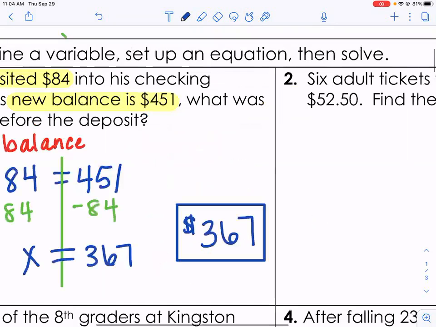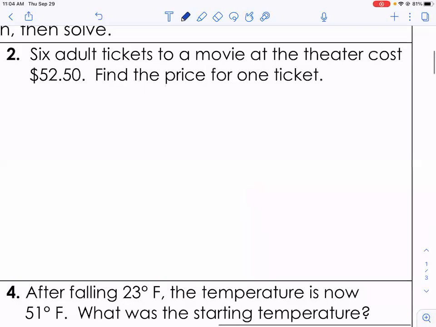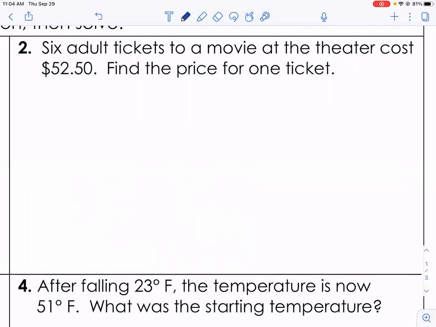All right, read through number 2 for me, please. Six adult tickets to a movie at the movie theater cost $52.50. Find the price for each ticket.